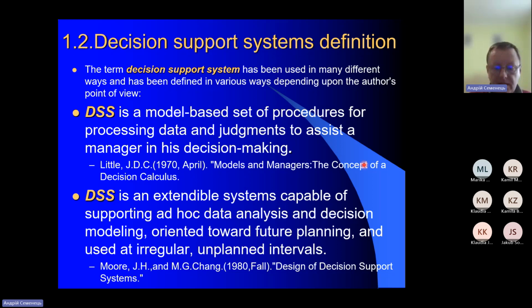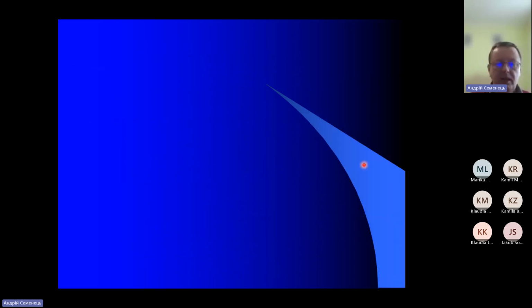But even 10 years later, the definition had already been updated: an extendable system capable of supporting data analysis and decision modeling oriented toward future planning, used at irregular intervals. So here procedures are replaced by systems, meaning some kind of computer system may have been involved, but still oriented toward future planning and used at irregular intervals, so not every day.